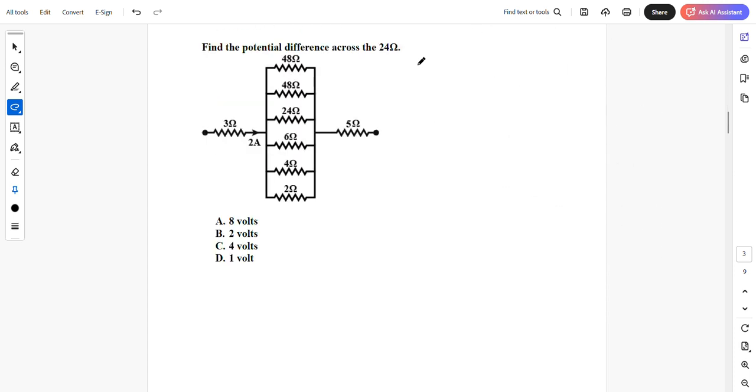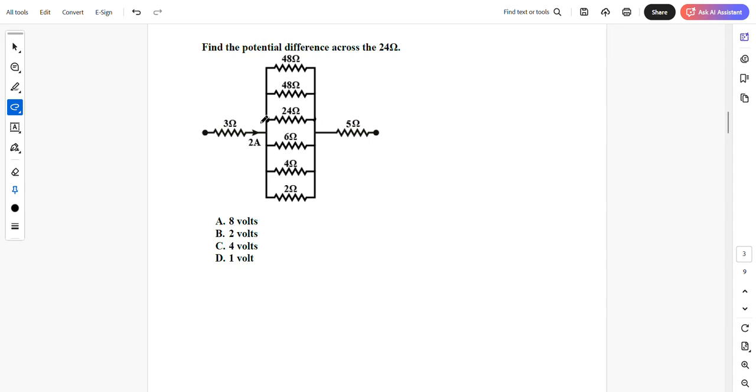Next problem. Find the potential difference across the 24 ohm. As soon as you see this circuit, you should not get confused. Where is the 24 ohm? This one here. You have to calculate the potential difference between these 2 points, that is, across 24 ohm.